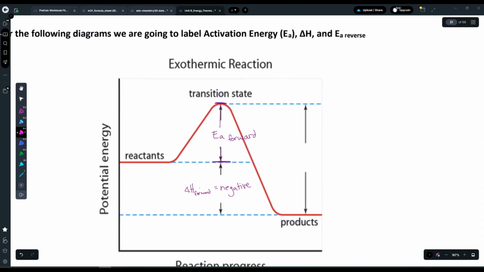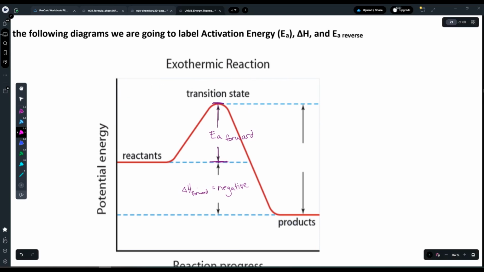All right, now for the activation energy of the reverse reaction, the difference here is we are reading this diagram from right to left. So we're reading it in reverse to get our activation energy for the reverse reaction.